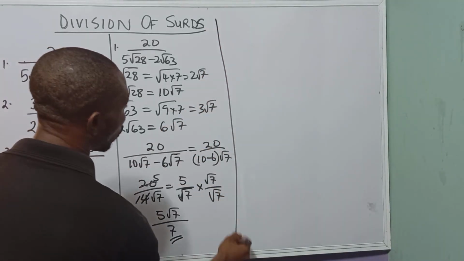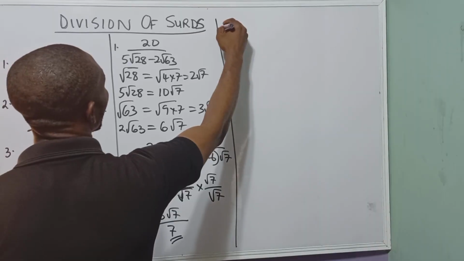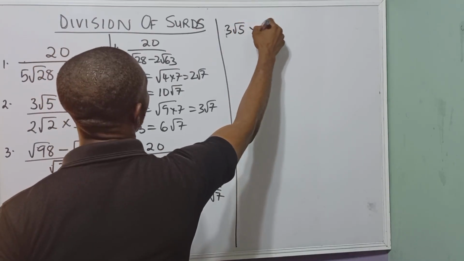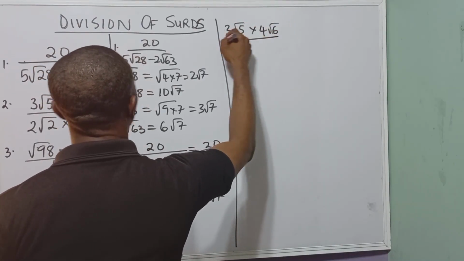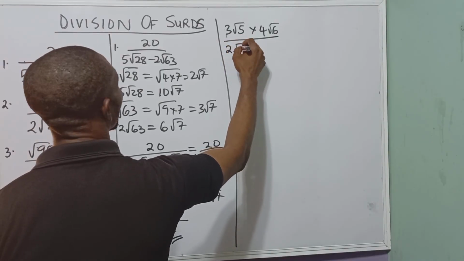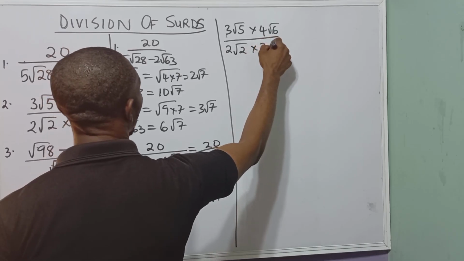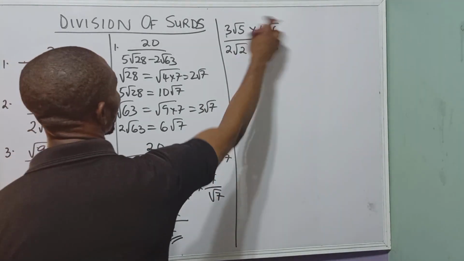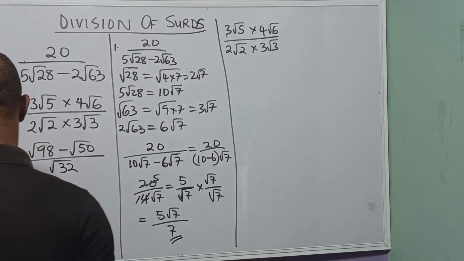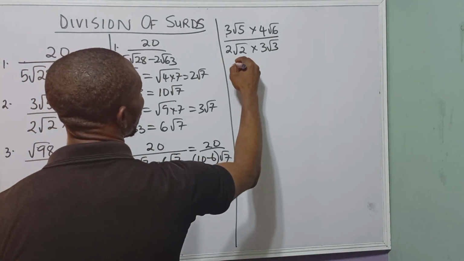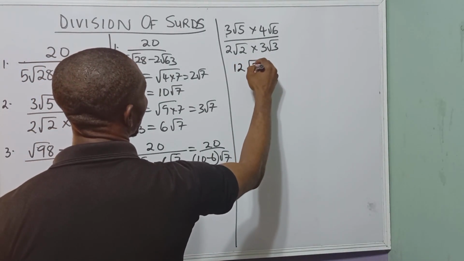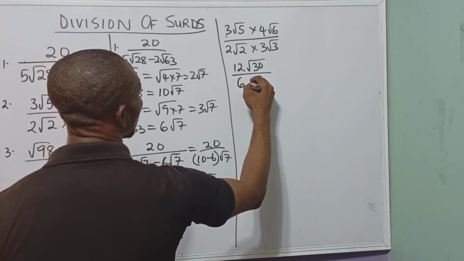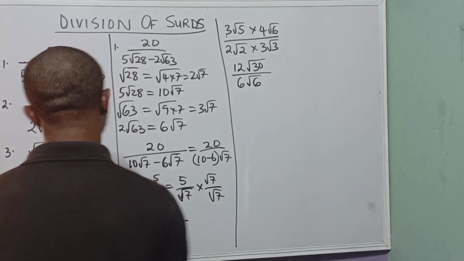Now, to question 2, where we have 3 root 5 times 4 root 6 all over 2 root 2 times 3 root 3. Now this we can multiply out to give us what? 3 times 4 will give us 12 root 30 all over 6 root 6.